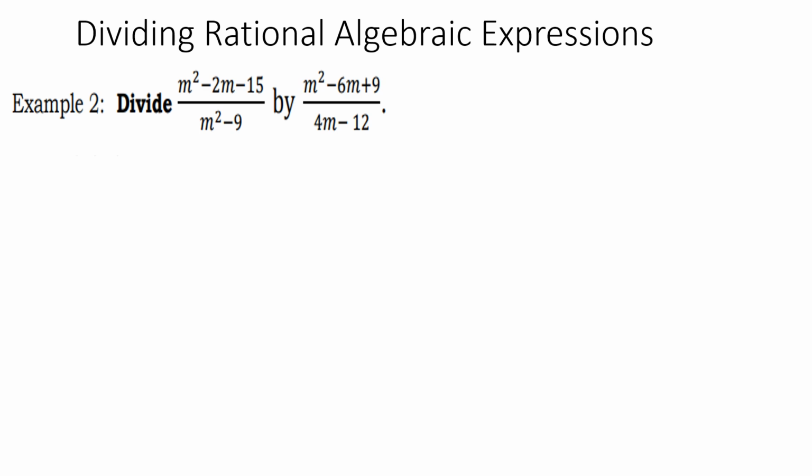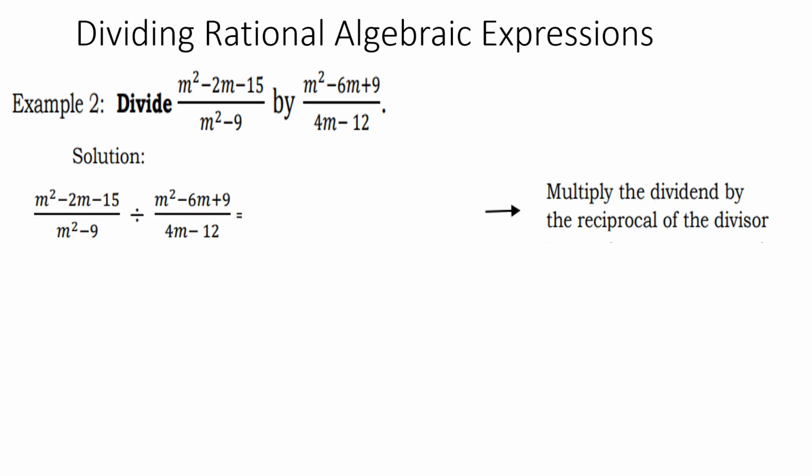So we're going to copy our dividend, and ang aton nga 4m minus 12 will become our numerator, and our m squared minus 6m plus 9 will become now our denominator. Kay ginreciprocal ta sila. Or in Ilonggo or in Hiligaynon, we call it as suli. Ginbaliskad. Okay, that's our Hiligaynon term.